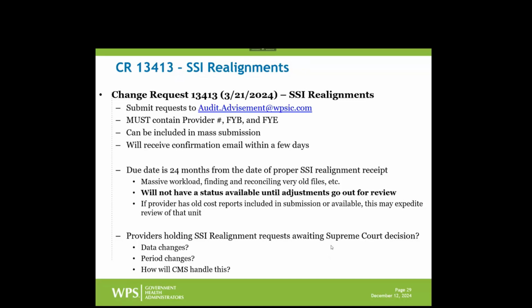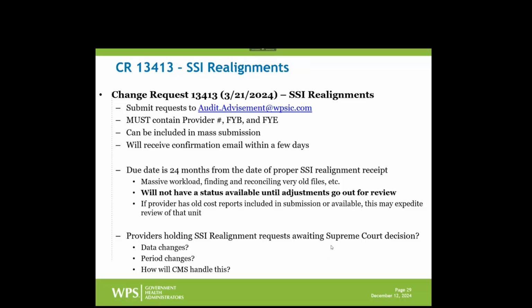So we've been working up the SSI realignments, and a lot of you have already received the adjustments and accepted them. But the back-end settlement piece, that might be on hold just a little bit because we have to focus on the remands first. So again, even though we have the 24 months, we're absolutely not trying to push things to 24 months. So don't think that.